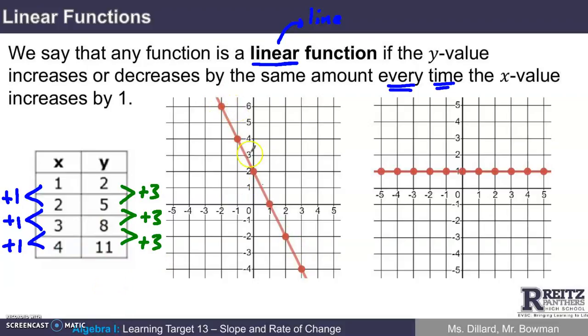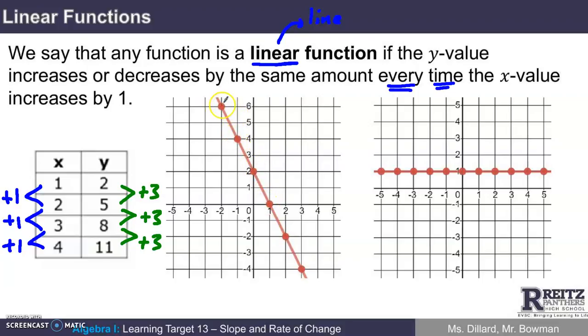Now the graph here in the middle is also a linear function. It's a function because it passes the vertical line test. Every x has only one y. And here's how I know it's linear. I didn't pick out all the points on the graph, I just picked out the ones that have integer x values.